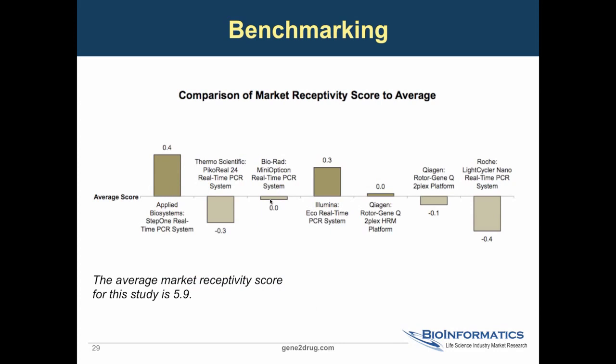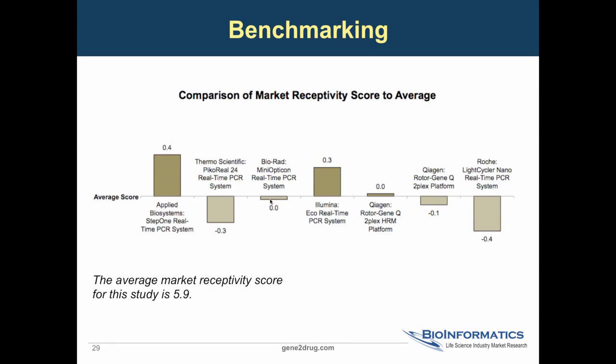You'll remember that market receptivity reflects the language used to explain the customer need, how well that language resonates with your target audience, and how well the product, in this case, one of 7 low throughput real-time PCR instruments, meets that customer need. You can see that the market receptivity scores for the Illumina and Applied Biosystems instruments are the highest.